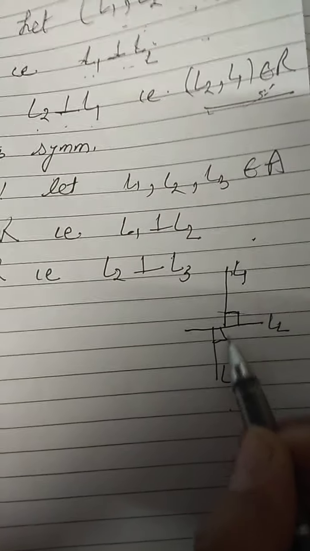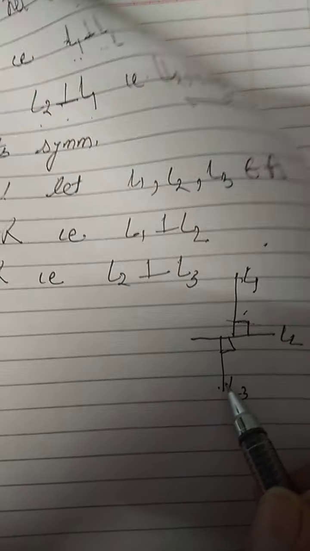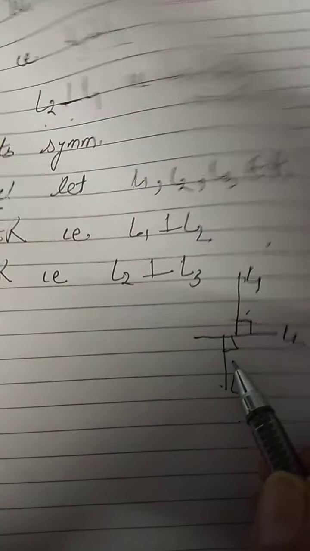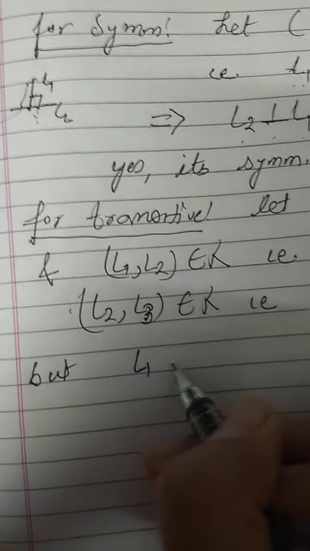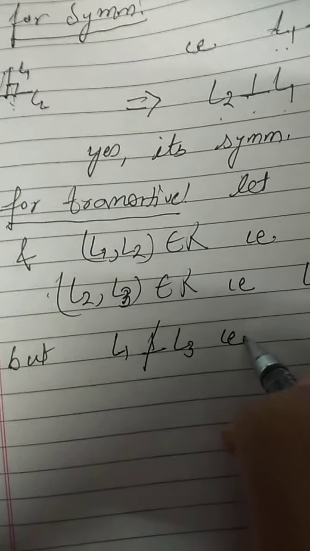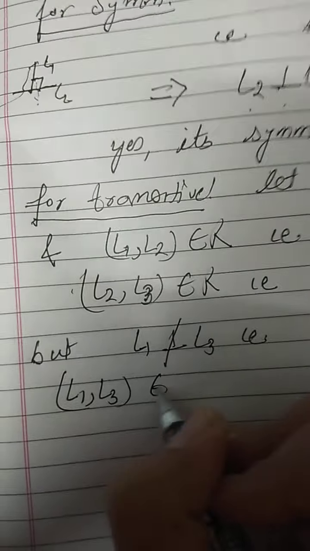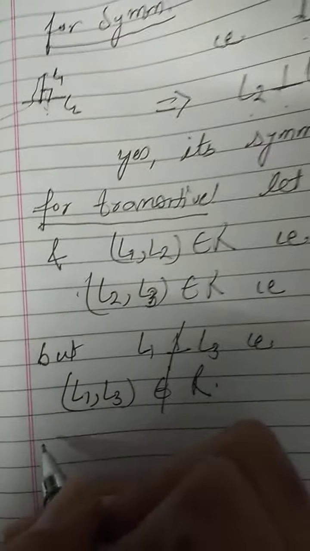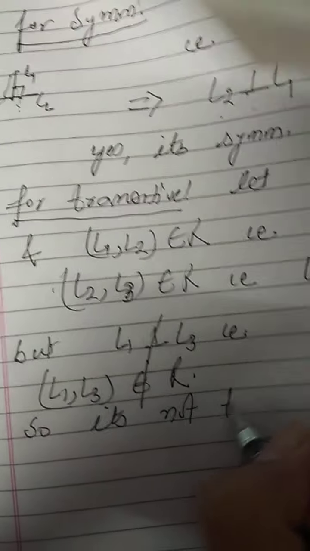If I extend either L1 or L3, what we get is that L1 and L3 are not perpendicular lines, but they have become parallel lines. So what we will say here is, L1 is not perpendicular to L3, that is, (L1, L3) does not belong to R, so the relation is not transitive, right?